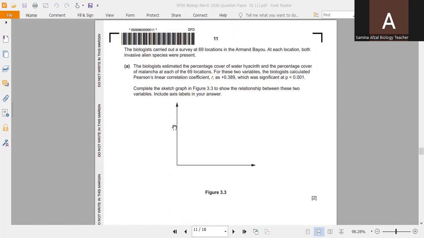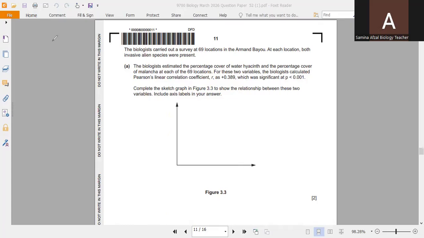The biologist carried out a survey at 69 locations in the Arman Bihu. At each location, both invasive alien species were present. The biologist estimated the percentage cover of water hyacinth and the percentage cover of Melanca at each of the 69 locations.